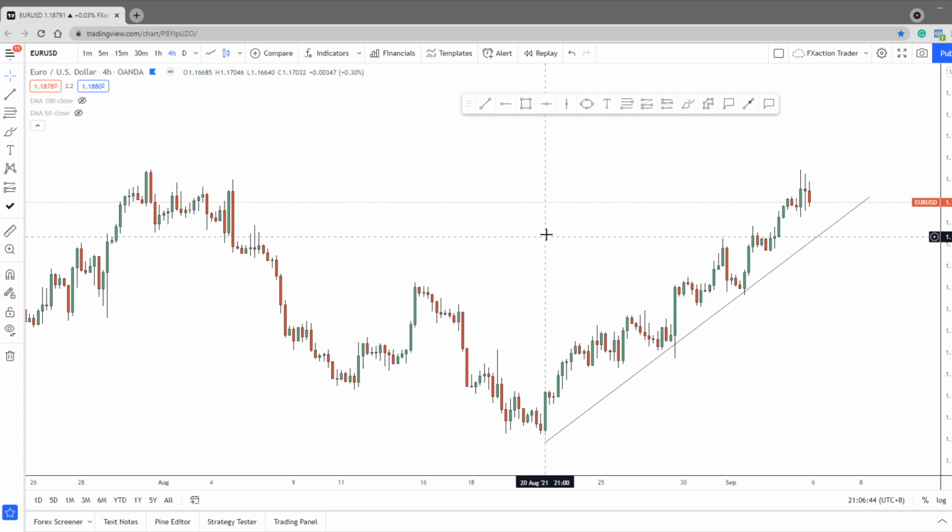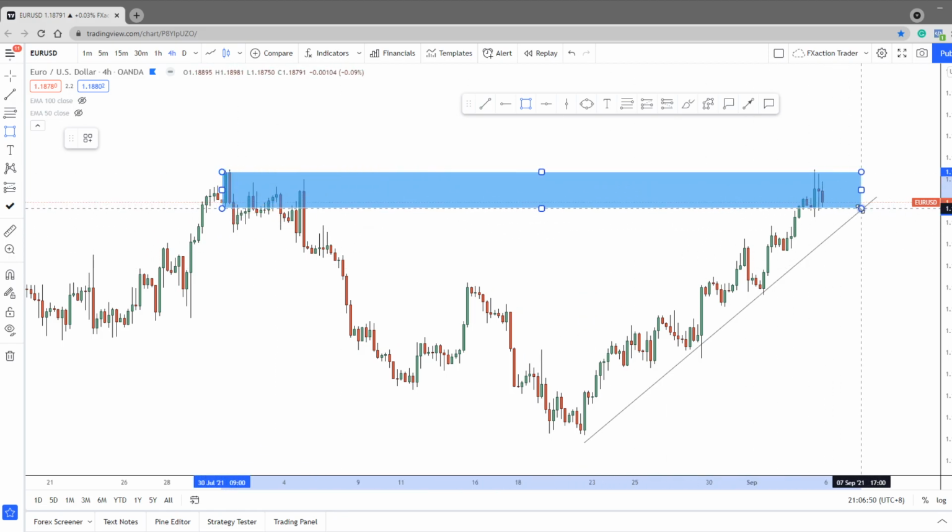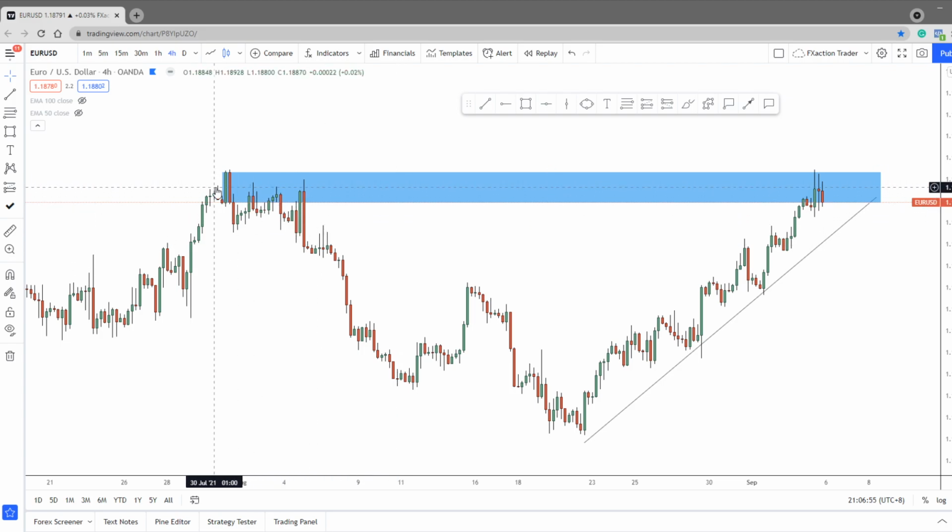However, we have to take note that the market has reached the previous top at 1.19. As per our last week's market analysis, we forecast that this pair is going to retest the resistance at 1.19.